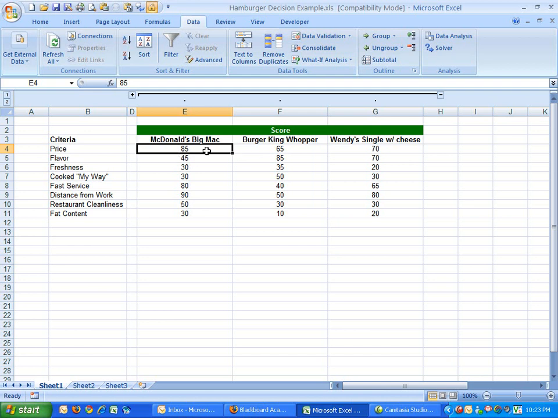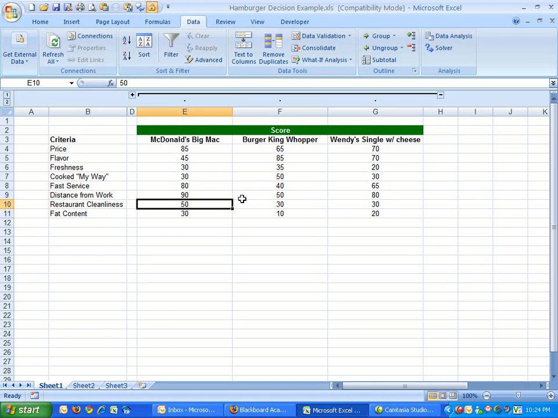The reason that we have to convert price on a scale of say 1 to 100 or 1 to 10 or whatever is because each of the scores for each criteria have to be on the same scale. So if we're using a scale of 1 to 100 for price, we also have to use the same scale for flavor, the same scale for fat content, restaurant cleanliness, and so forth.